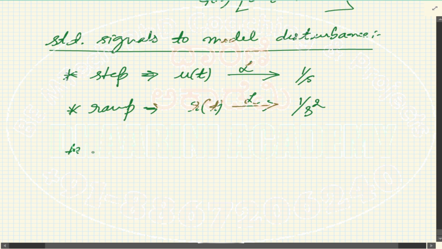This is the parabolic, right? There is no standard notation. It's t squared by 2. Can you tell me the Laplace of t squared by 2?